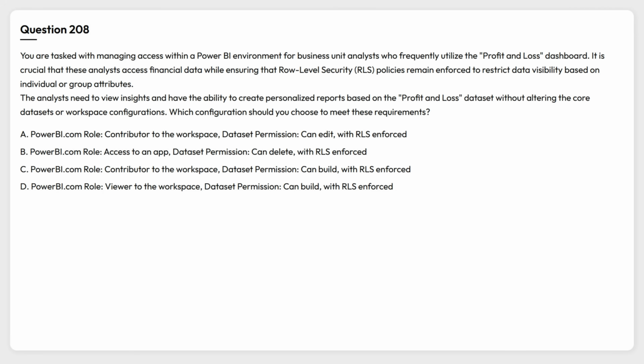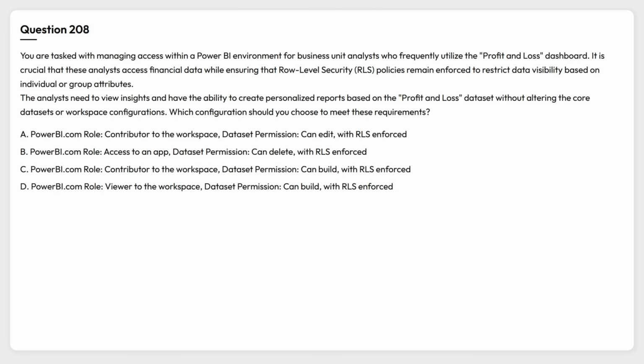Option A, PowerBI.com role. Contributor to the workspace. Data permission. Can edit with RLS enforced. Option B, PowerBI.com role. Access to the app. Dataset permission. Can delete with RLS enforced.